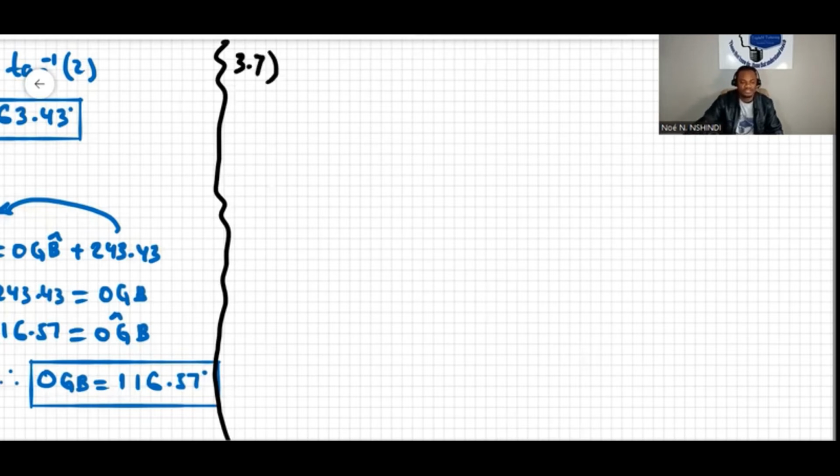The question says in 3.7, determine the equation of the circle passing through the points D, B, and C in the form (x minus a) squared plus (y minus b) squared equals r squared.